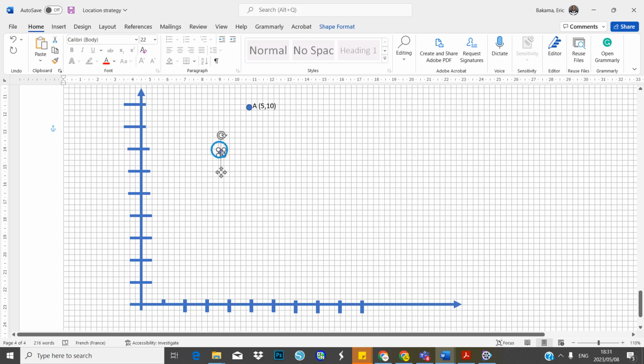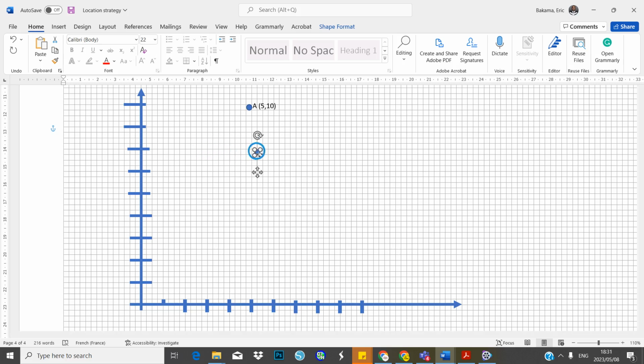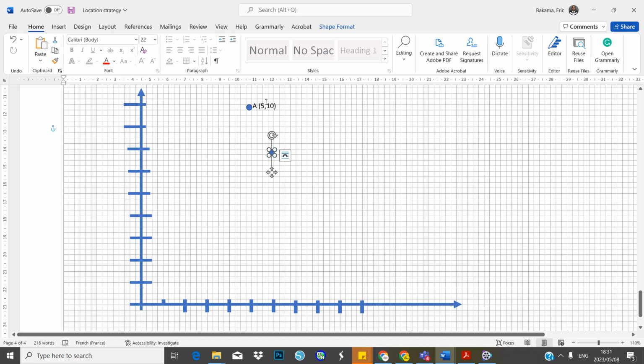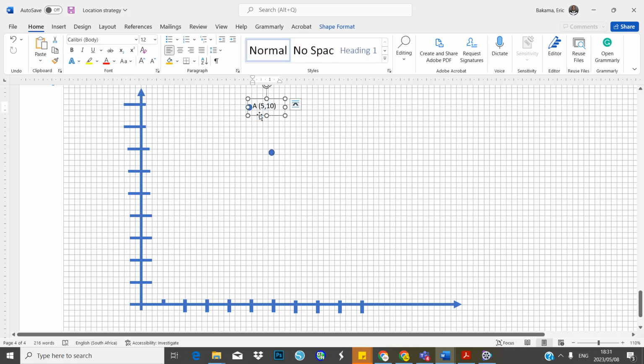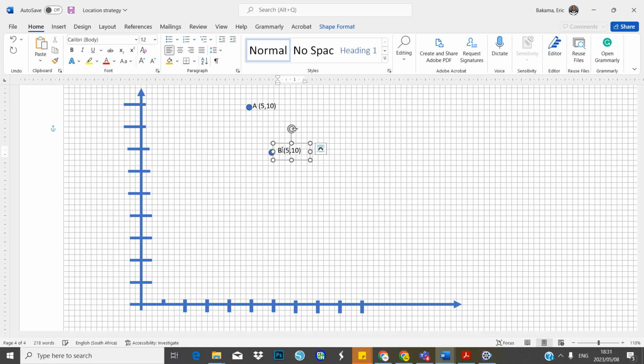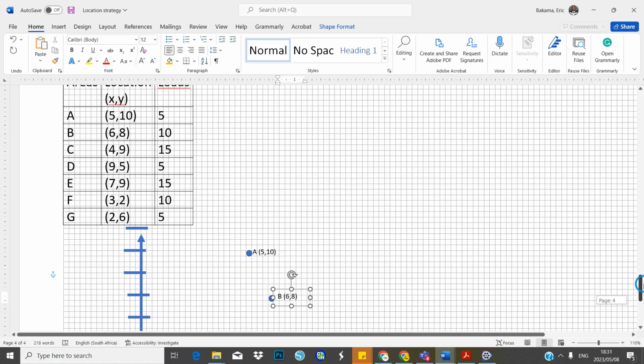This is 3, 4, 5, then 6. 6 is somewhere here. Then we can say this is B. So based on what we have here, I would say B is 6 and 8.